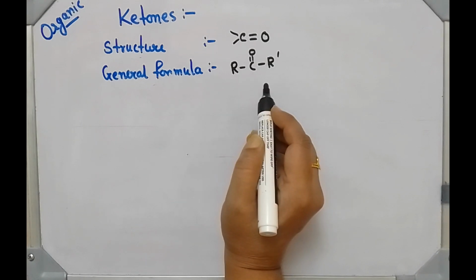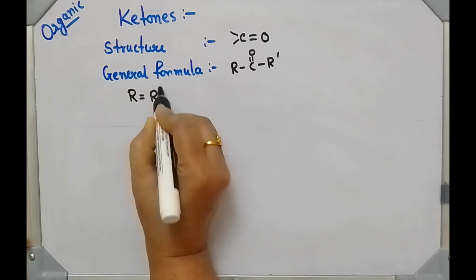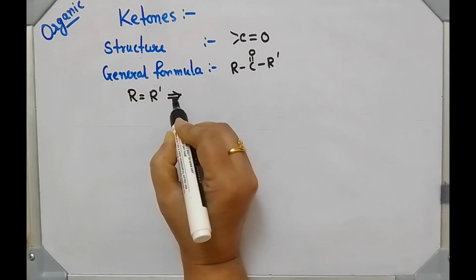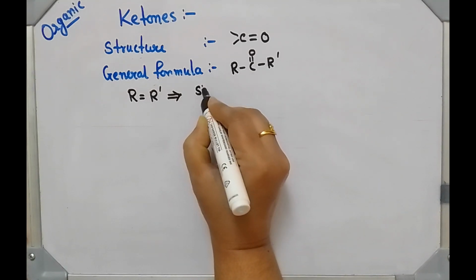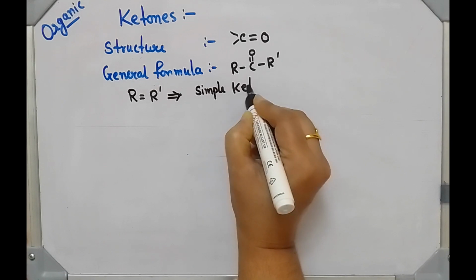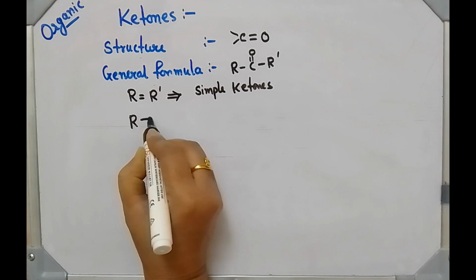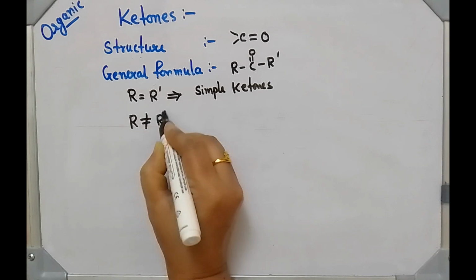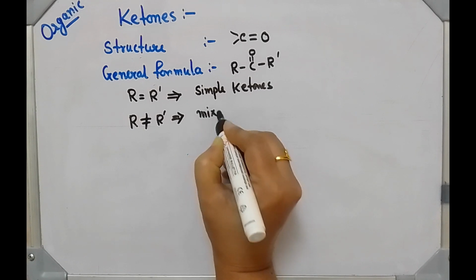If R and R prime are the same, that means R is equal to R prime, we get simple ketones. And if they are not the same, then we get mixed ketones.